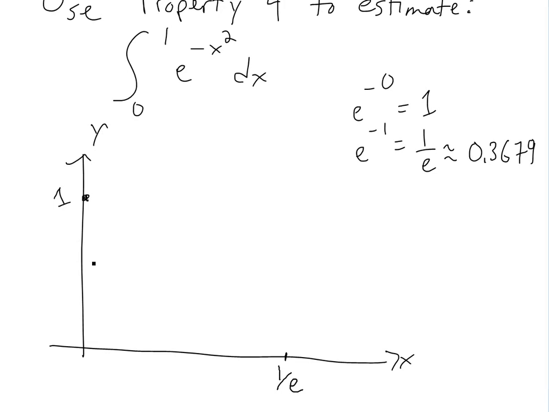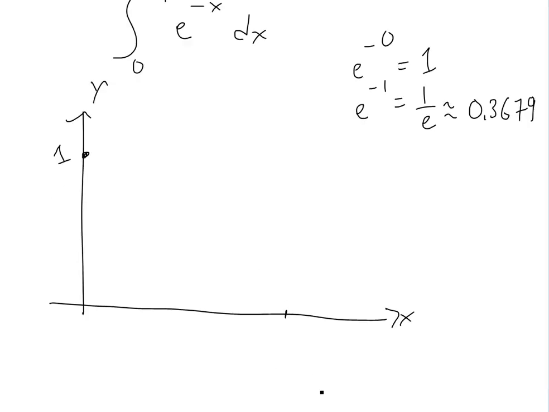So it would look something like, actually, I'm going to say this is a 1. So this is a 1. This height is going to be 1 over e. So this is 1 over e right here. So it's always decreasing here. Well, it may not look exactly like that, but anyways, it's decreasing.